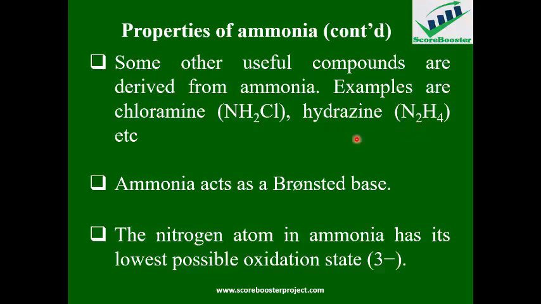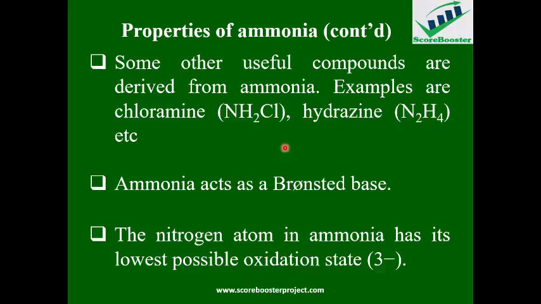So that is it. Ammonia acts as a Bronsted base. So when there is a reaction between ammonia or an ammonium compound and a base, something must act as an acid, something must act as a base. So when it involves a reaction of ammonia with a base, it acts as an acid.